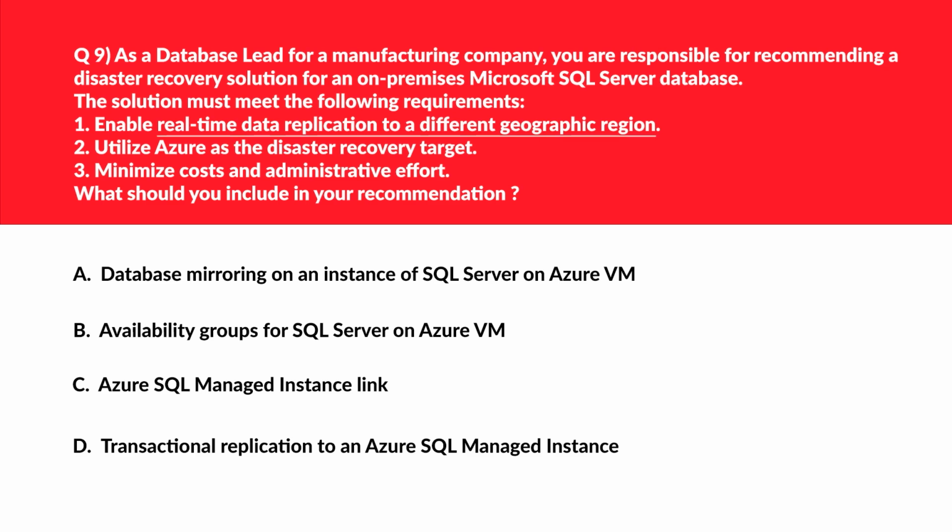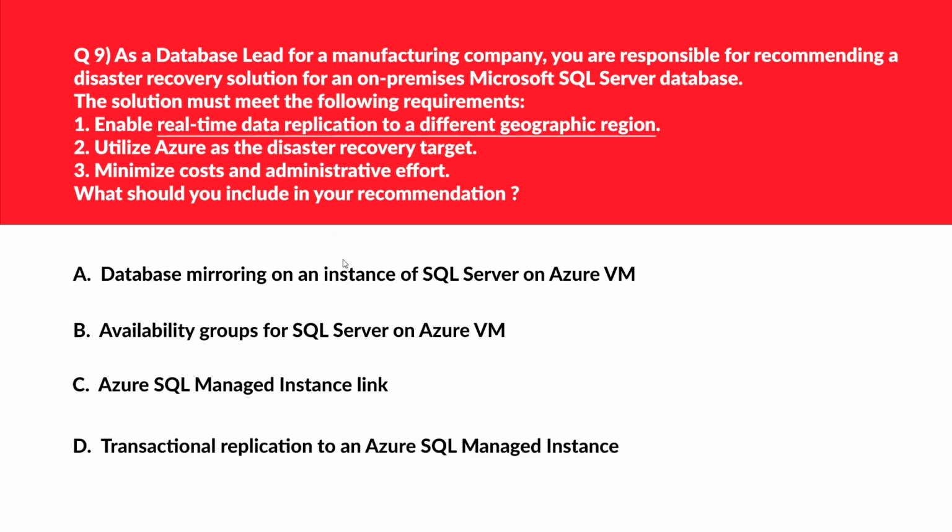Okay, so let's tackle this question. This is about, again, disaster recovery. This is a very, very important topic as an Azure administrator, a database administrator. We've got 3 requirements. Let's look at option A first. A is database mirroring on an instance of SQL Server on Azure VM.